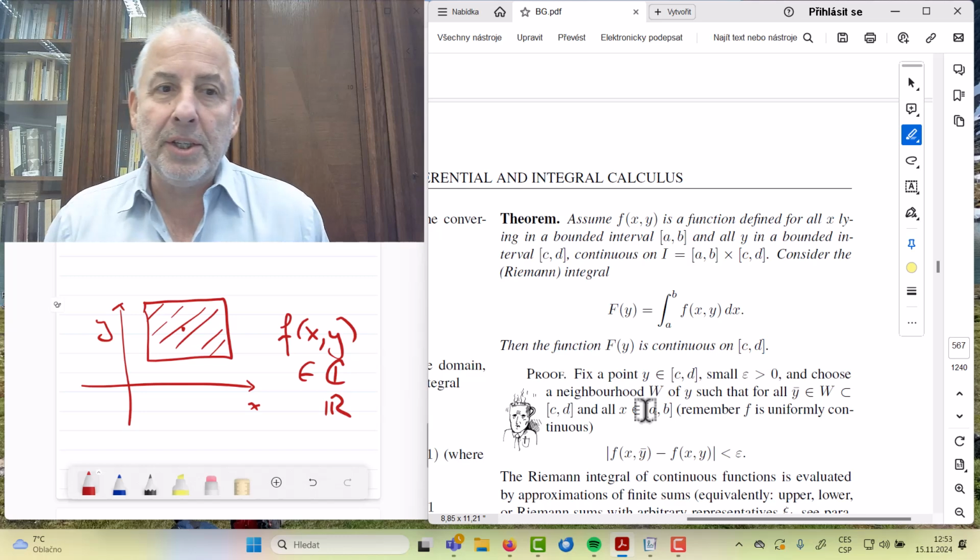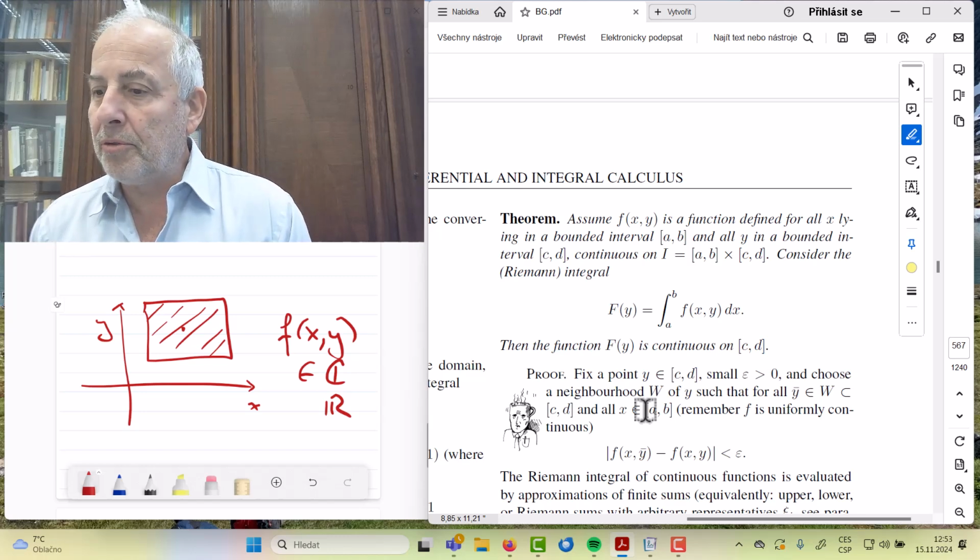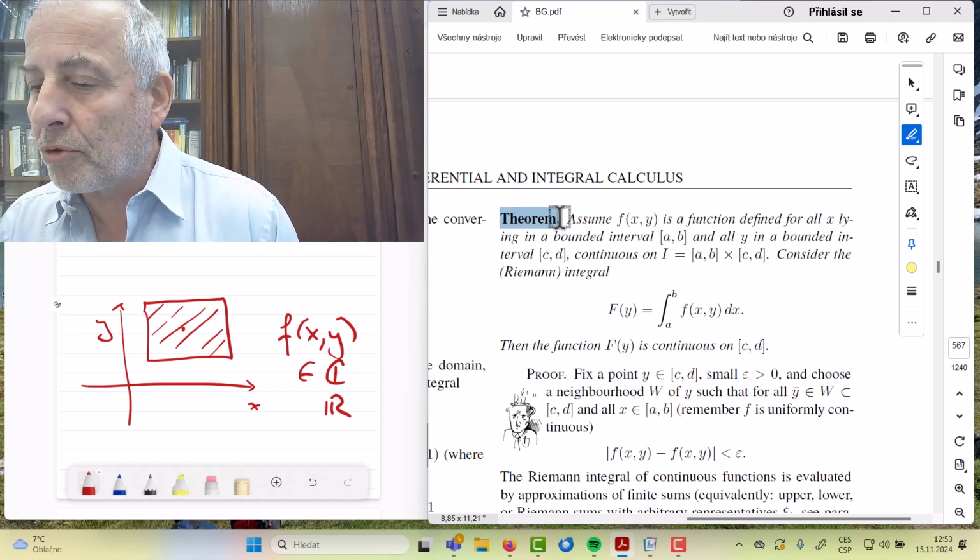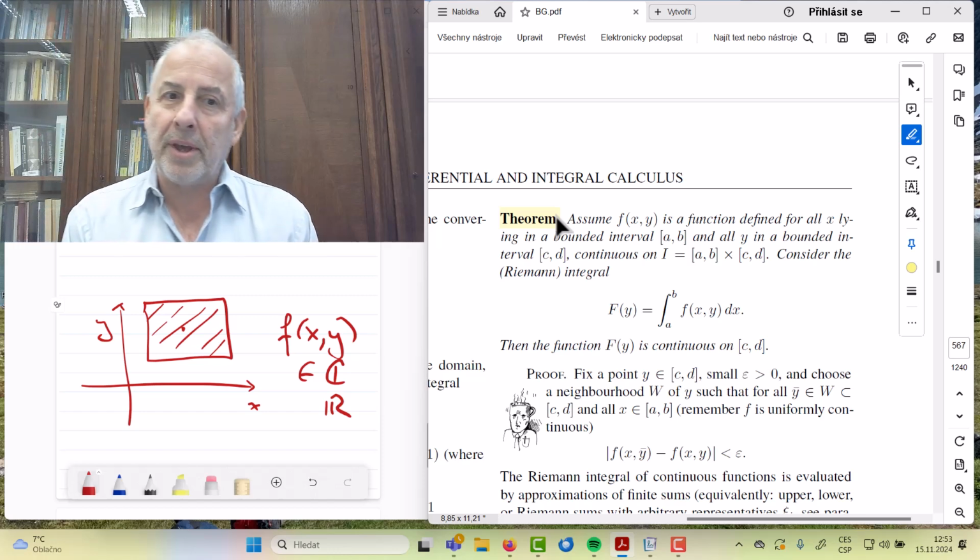And now we can easily, using the uniform continuity, quite straightforwardly get to the result which you could think about.